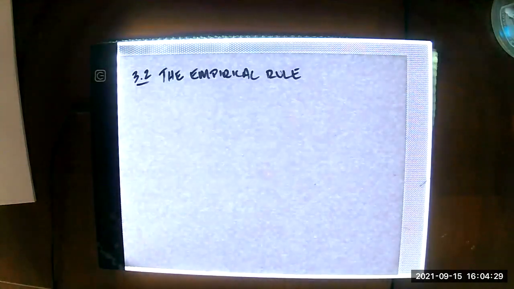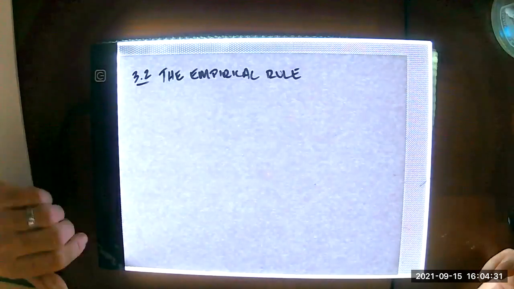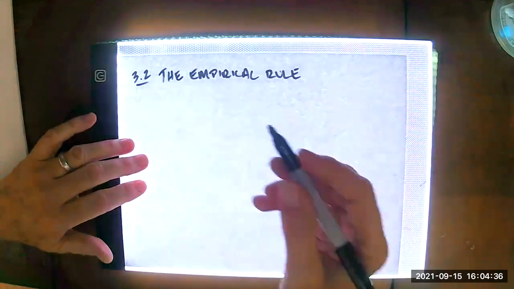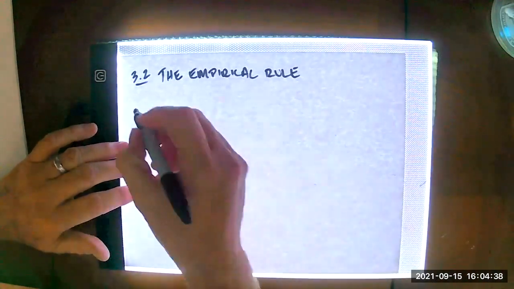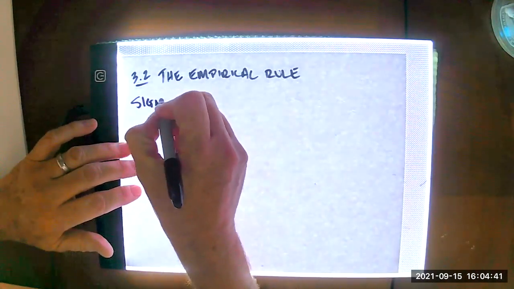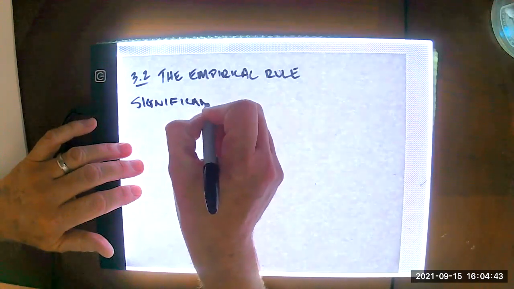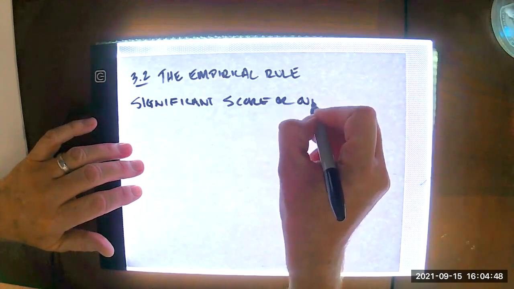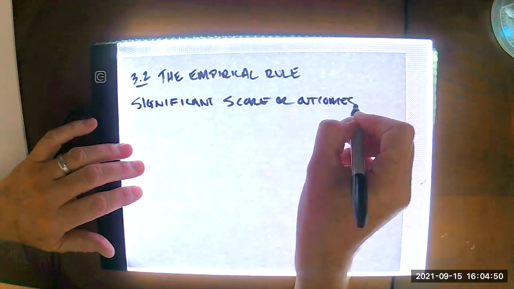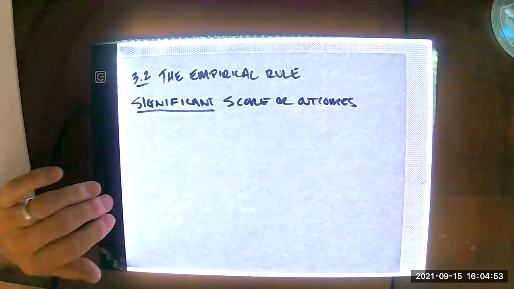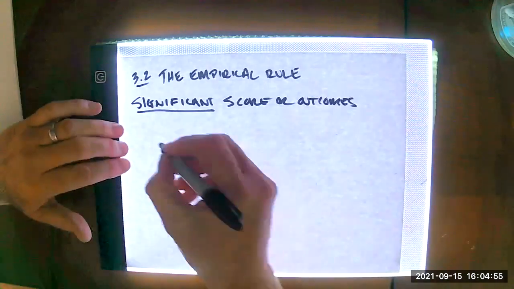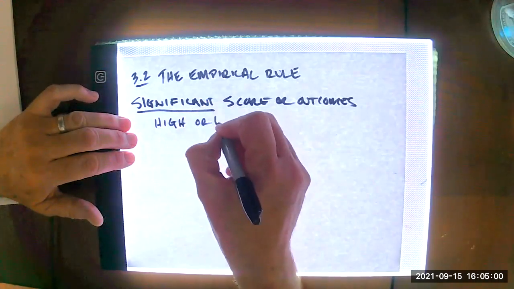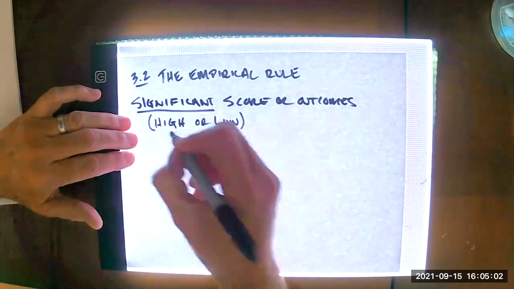So, section 3.2, I want to talk about the empirical rule. But before I talk about the empirical rule, I want to review something I mentioned last night. Significant scores or outcomes. These could be significantly high or low.